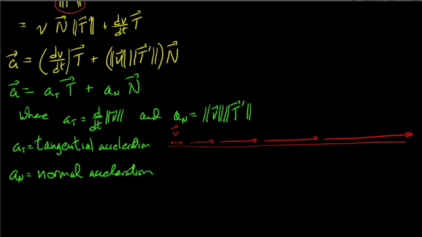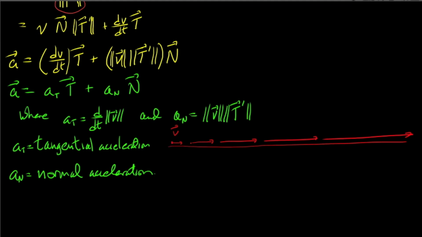Of course, you can also hit the brakes and it can slow down. That's also an acceleration. Some people call that deceleration, but it's just a negative acceleration. So that's tangential acceleration. It's just the change in the speed.